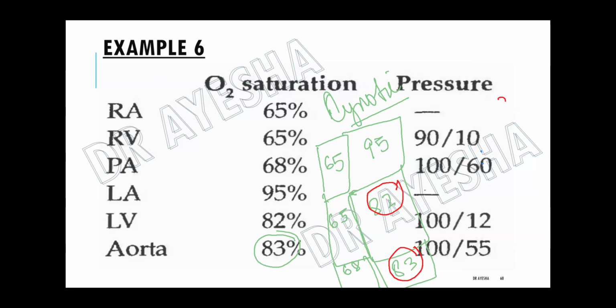Pressure in the right ventricle is 90/10, which is raised, and pressure in the left ventricle is 100, and the aorta is the same.